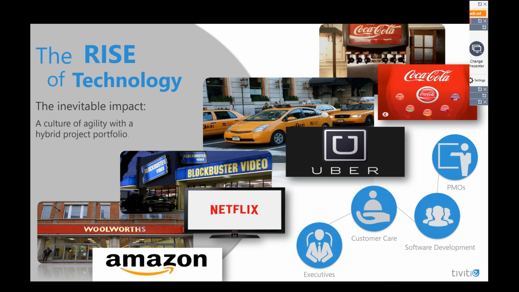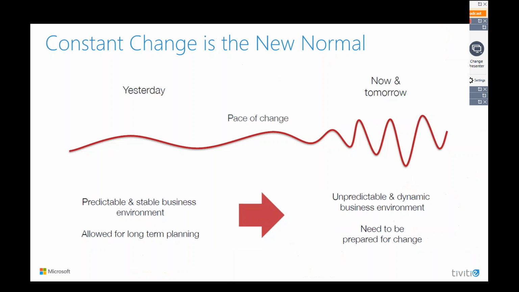Even soft drinks are being bought digitally now, even in fast food restaurants. The idea is we're delivering things quicker. The pace of change and the technology aspect of this is becoming more and more pervasive and affects everyone and every role in the process. And because of that, the pace of change is getting more rapid, where in the past, in the yesteryear, you used to be able to have more predictive, steady-as-she-goes types of projects.